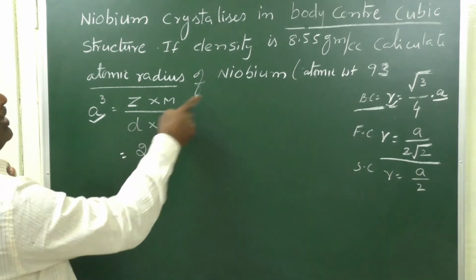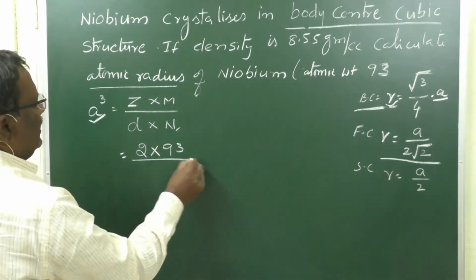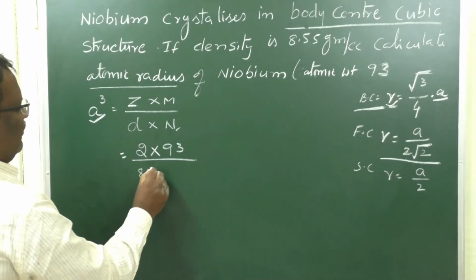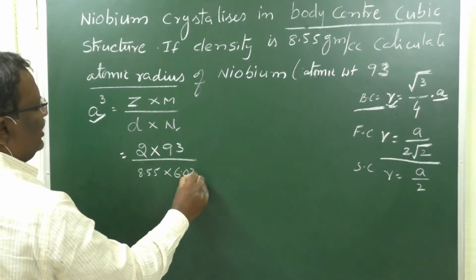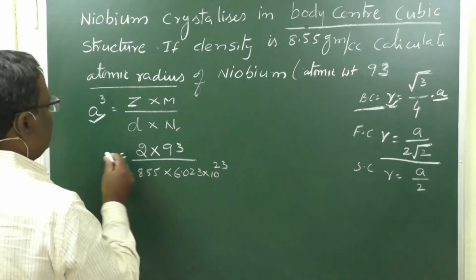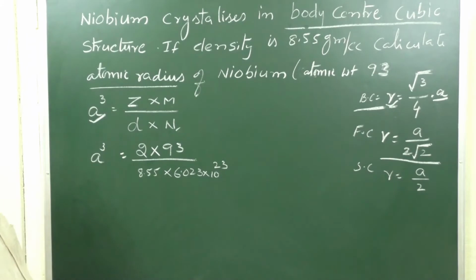M is the atomic mass, 93, D is the density, 8.55, and Avogadro number N is 6.023 × 10^23.